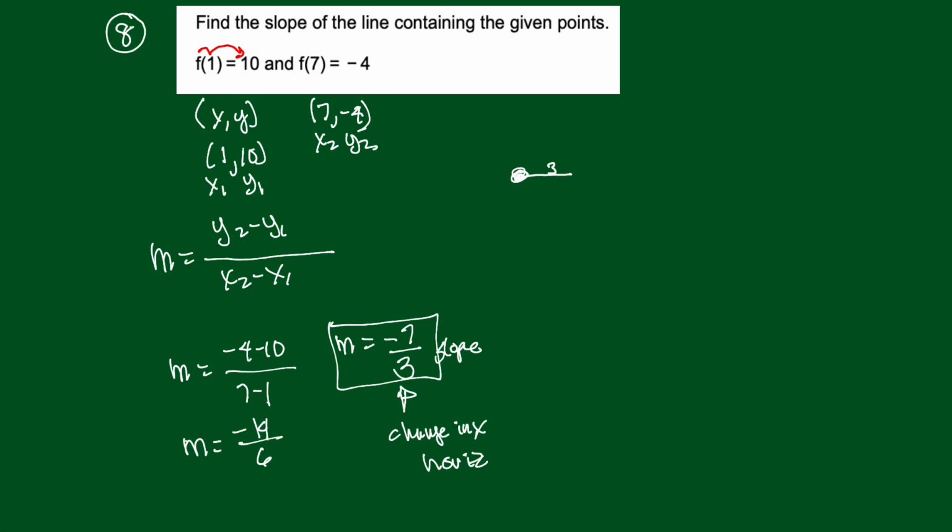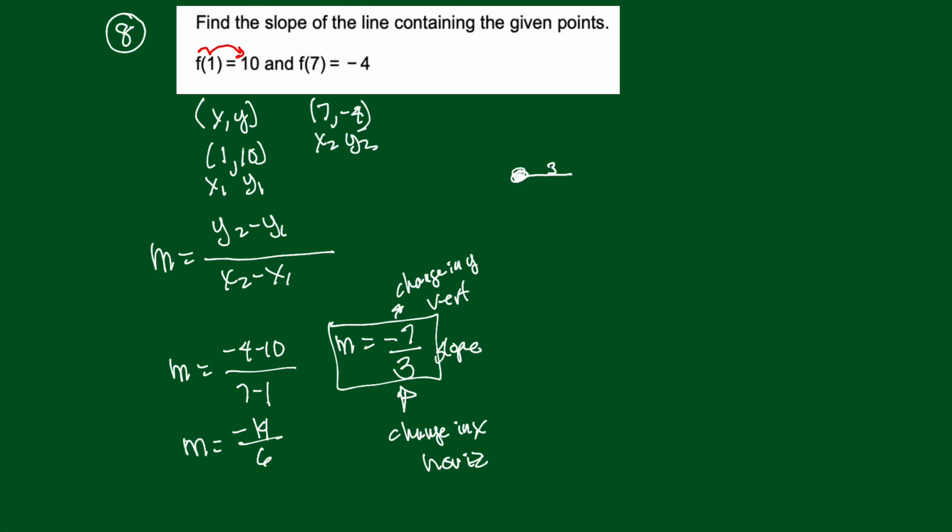Then the top number comes from the change in y's. The y's are the vertical. This is the change in y, and that's the vertical change. So our vertical change is what?